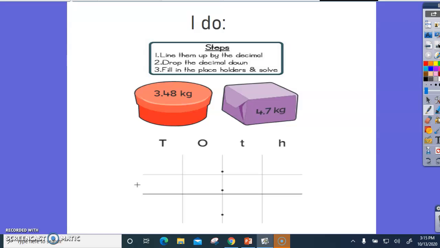The first thing we're going to do is step 1, line them up by the decimal. I'm going to write in 3 wholes in the ones place, and 4 tenths and 8 hundredths. Then the next one, I have 4 and 7 tenths. Step 3, it says fill in the place value holder.